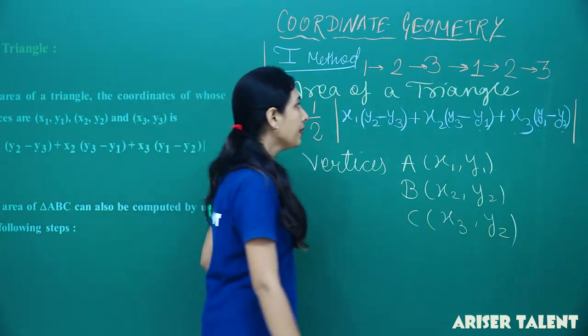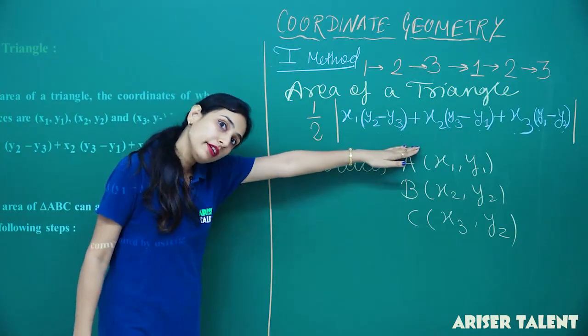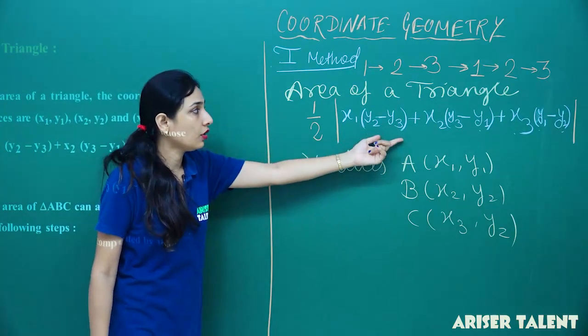So this is the area of a triangle in the form of coordinates, and it will be like this. Now you know the pattern.